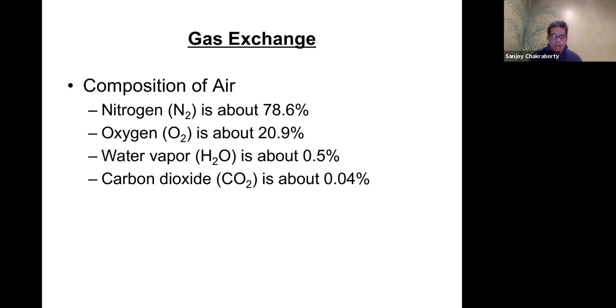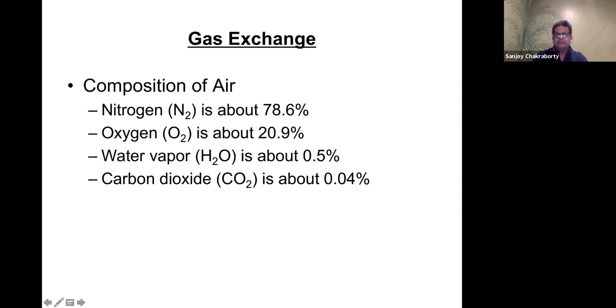Now, how do we know the pressure of oxygen? In order to understand that, we need to focus a little on the composition of air, what makes air, and what the oxygen contribution is in that air pressure. First of all, the composition of air is mostly nitrogen, like 78.6%.